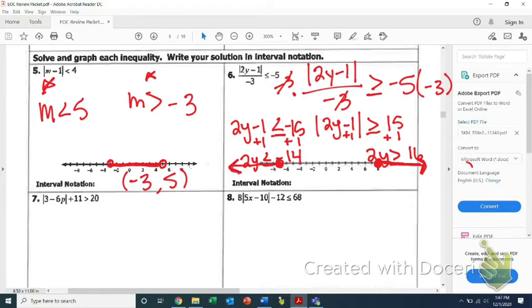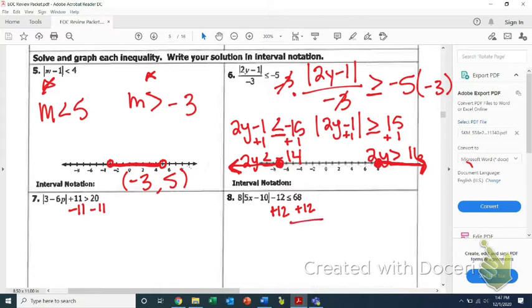Okay, now on 7 and 8, I want you to do those by yourself. So before you start, you have to get the absolute value by itself. So on 7, you're going to first subtract 11. On 8, you're going to do two things. First, you're going to add 12.